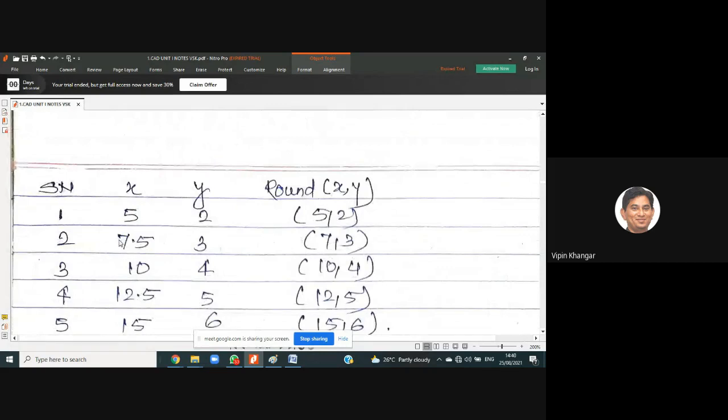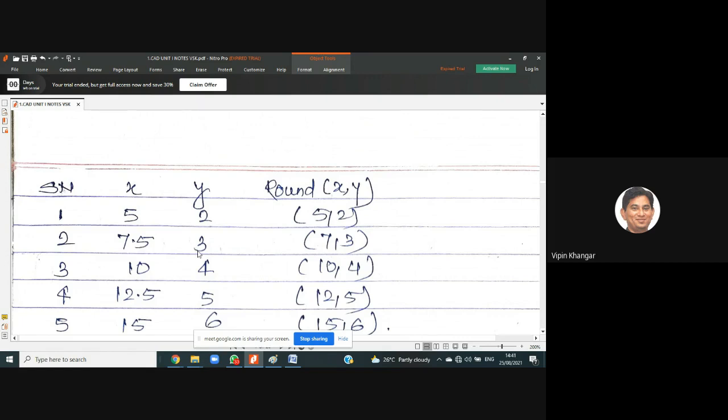The next value we got is 7.5 and 3. Basically we have rounded it to 7 and 3. You can go with the higher or lower value. If you take 8 and 3, that is also okay, it depends. Till 0.5 we take the lower side. If it is greater than 0.5, definitely we take the higher value, that is 8.